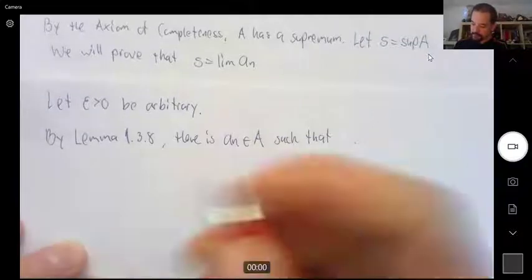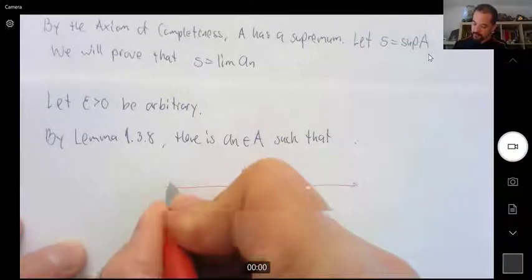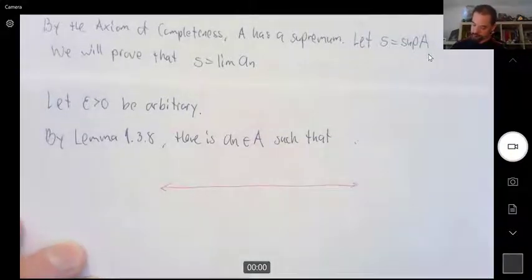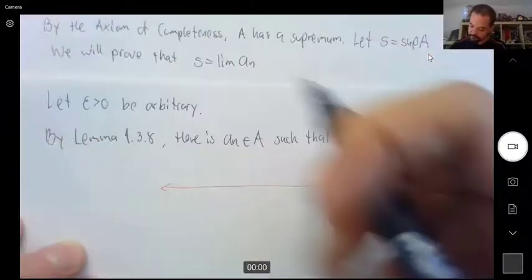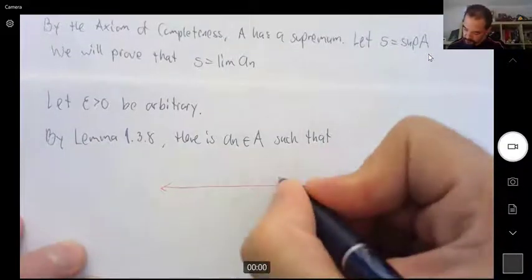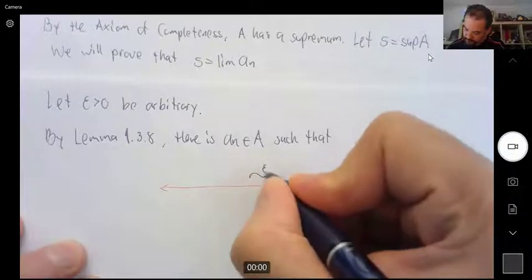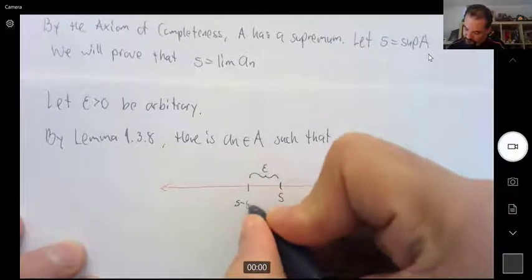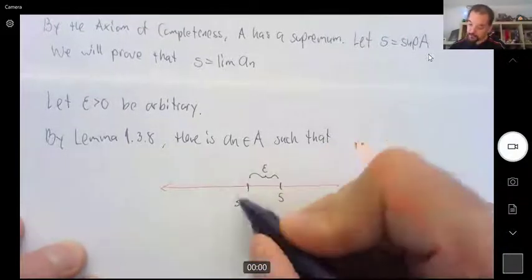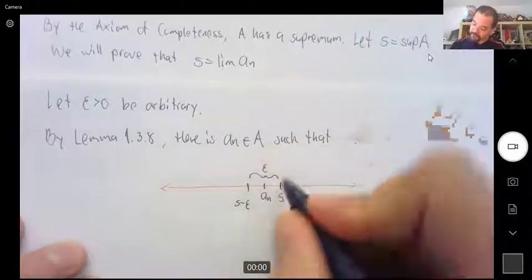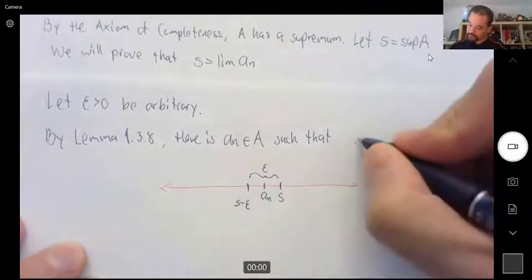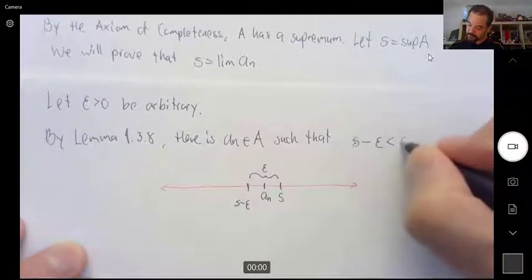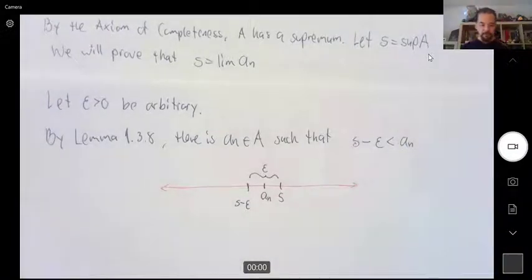Just like we said, we have the supremum, S, and we're moving a little epsilon to the left. So that's S minus epsilon. And when we do that, we capture an element that's to the right, such that S minus epsilon is less than a_N. That's the consequence we want.